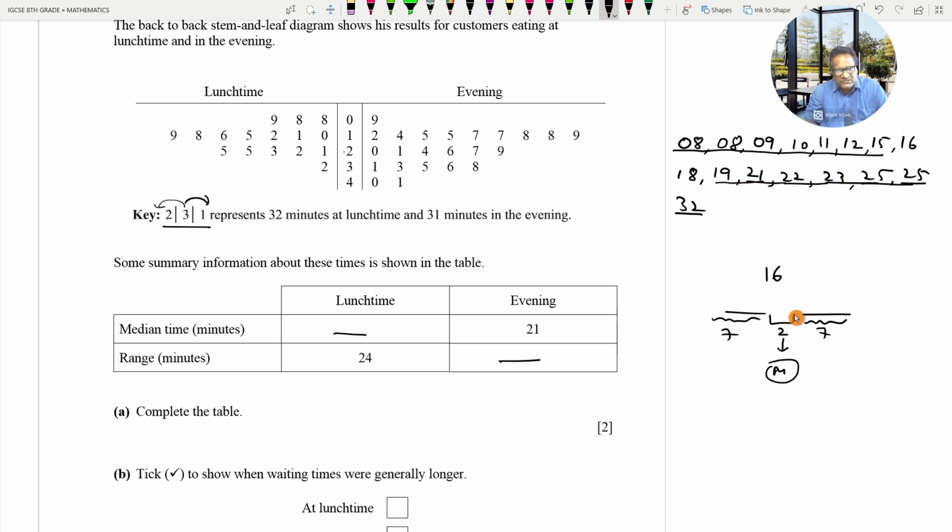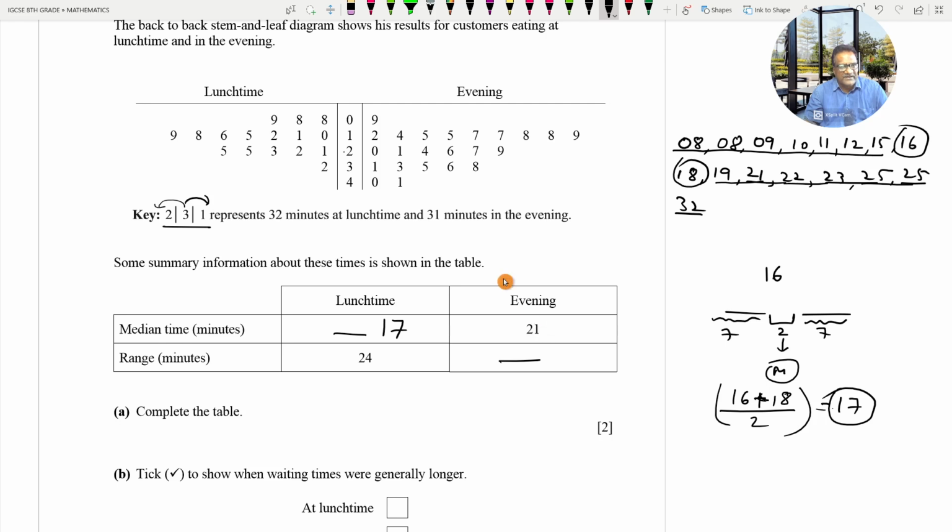Can you see these two central readings now are 16 and 18? So when you have 16 and 18, the median will be the mean of these two values. So you will have to do 16 plus 18 upon 2, which works out to 17. So the median for the lunch time happens to be 17.